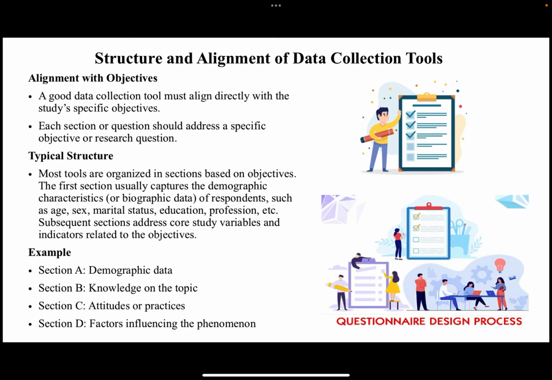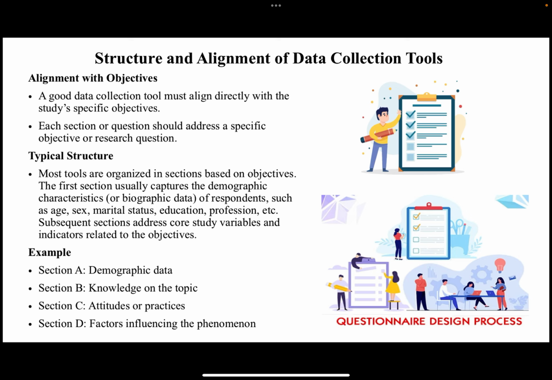For example, in a typical quantitative questionnaire, usually the first section will be the demographic characteristics of the respondents or participants. The second section should align with the first specific objective. The third section should align with your second specific objective. And if you are doing three specific objectives, your last section should align with your third specific objective.